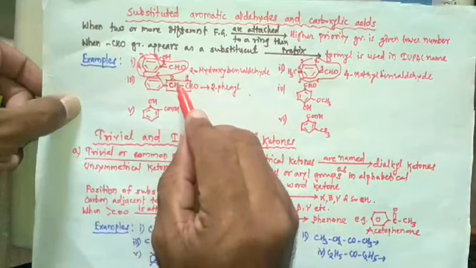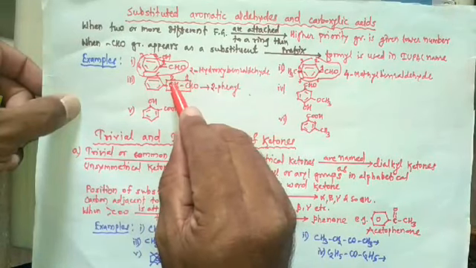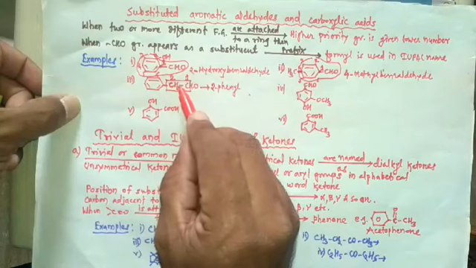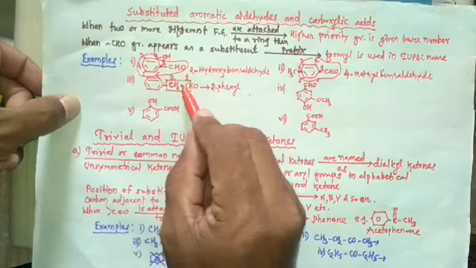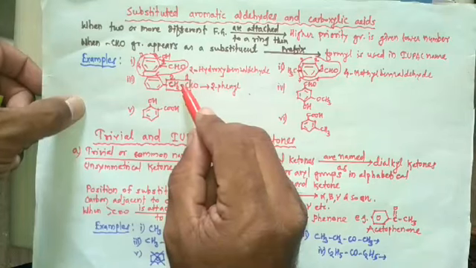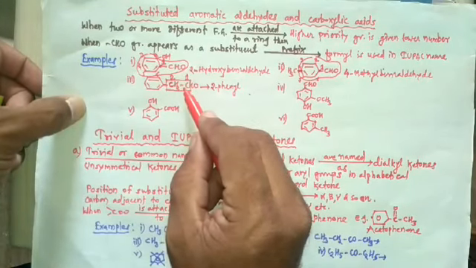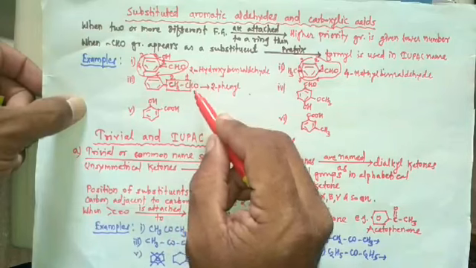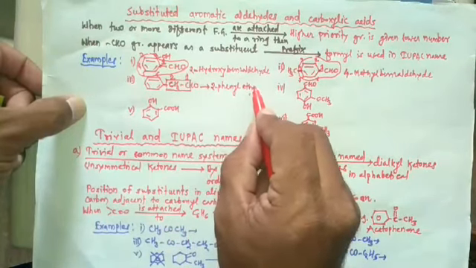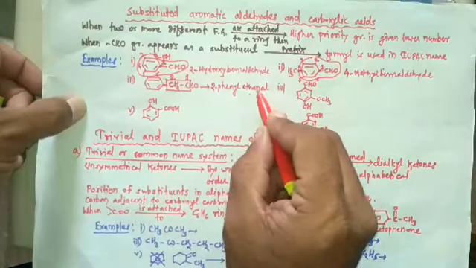Here the carbon chain contains 2 carbon atoms, so the name of the parent alkane is ethane. After replacing the final letter e of ethane by al, it becomes ethanal. So the name of this compound is 2-phenylethanal.